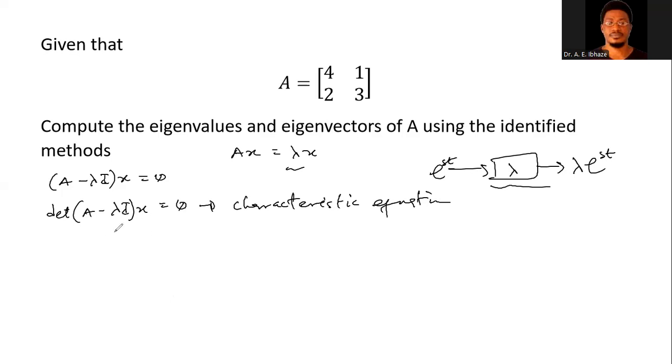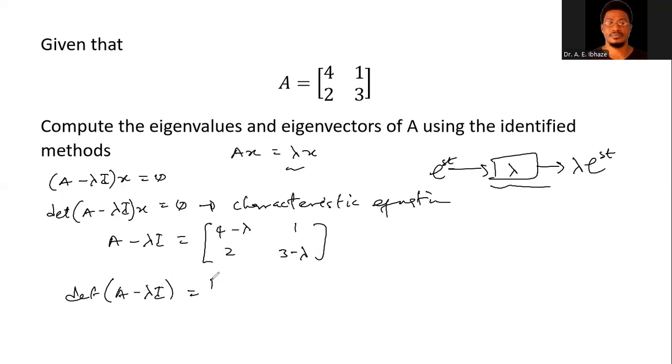So in this case, A minus lambda I will be the matrix with rows 4 minus lambda, 2 and 1, 3 minus lambda. If we resolve the determinant of this expression, A minus lambda I, that will be 4 minus lambda times 3 minus lambda, minus 2 times 1.